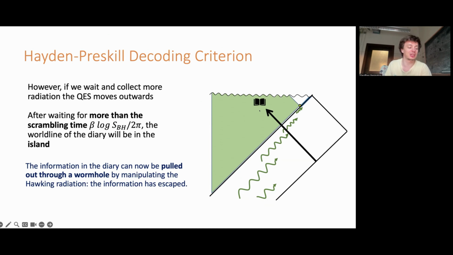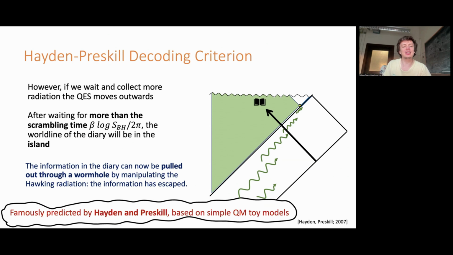So the information has fundamentally escaped. And this time, β log S_BH over 2π, was famously predicted by my PhD advisor, Patrick Hayden, and John Preskill back in 2007. They predicted it just based on the rules of ordinary quantum unitary dynamics and strongly coupled fast scrambling systems.